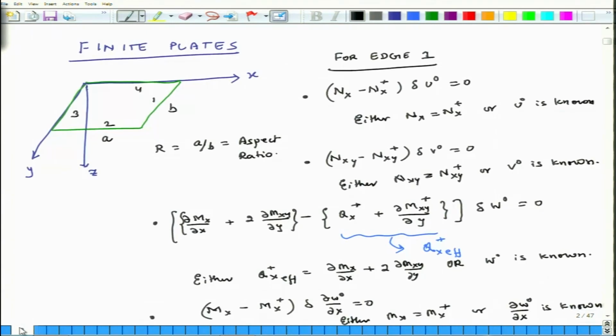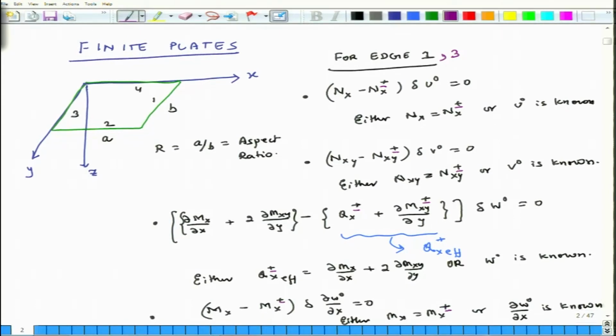Okay. So, this is for edge 1. I can use the same boundary conditions for edge 3. The only thing is that instead of plus it becomes negative, because edge 3 represents the negative side. So, I just put a negative everywhere.